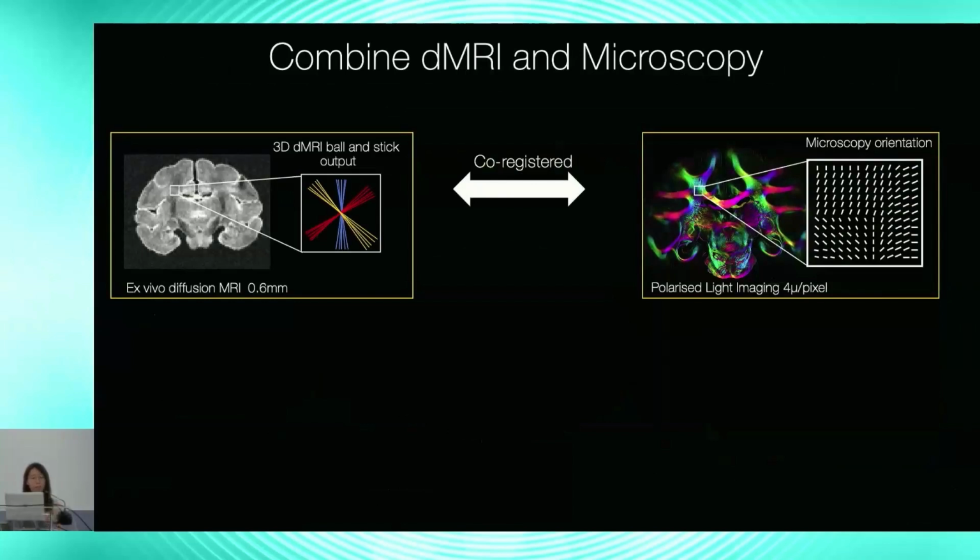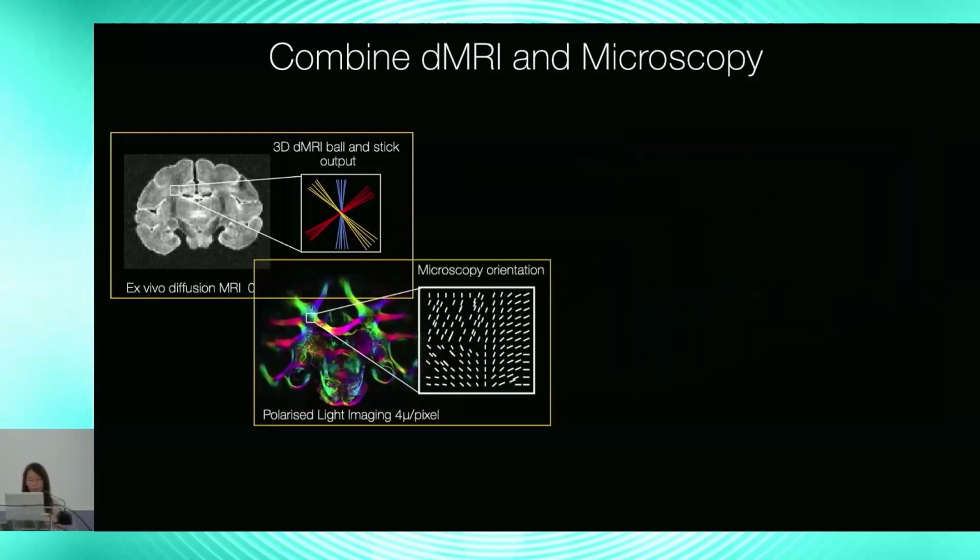As its name suggests, it models the fiber orientation by describing the diffusion signal with a ball compartment and stick compartments. And we can get the crossing fibers and fiber orientation distribution in each voxel. On the other side, we have polarized light imaging, which can provide fiber orientation at a very high spatial resolution. And we have co-registered them together with TIRL, which we just saw.